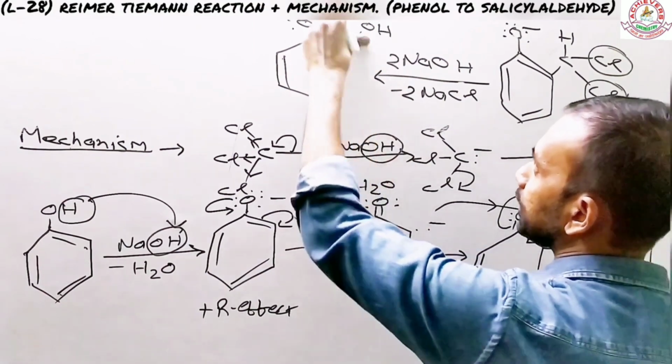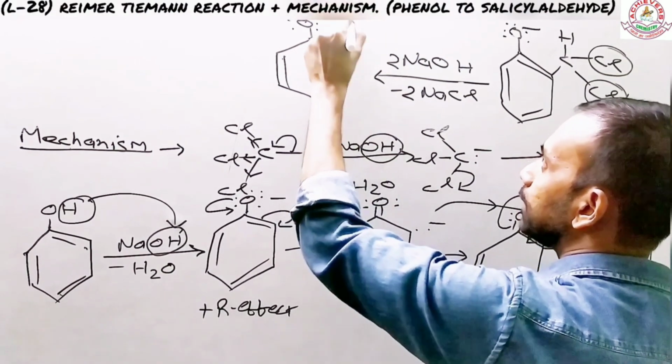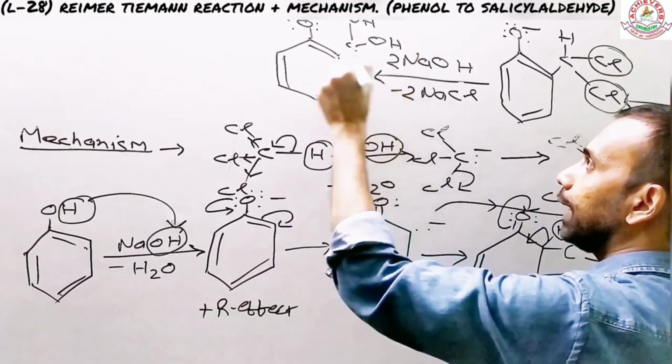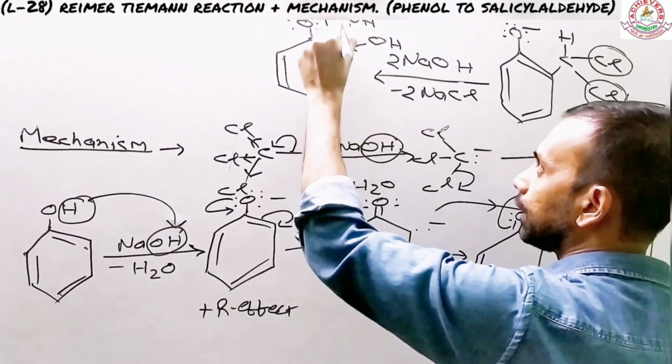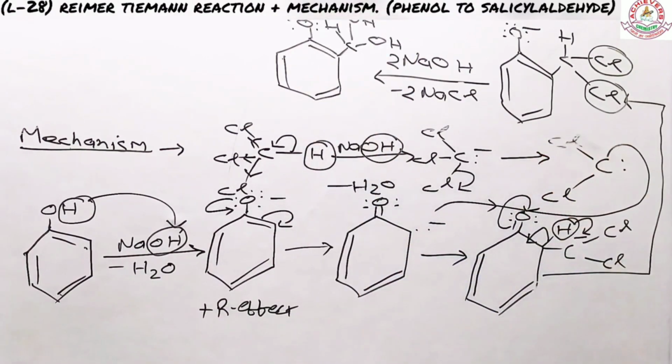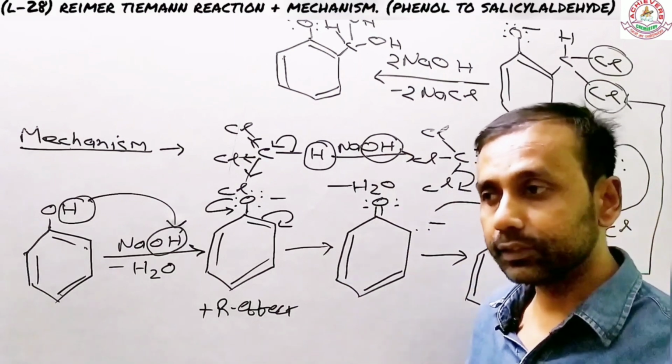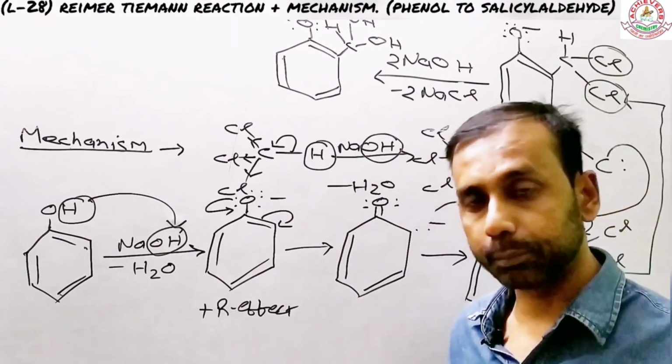I hope it's not messing up. This carbon has 2 OH and a hydrogen also. So finally the question is, what will happen? You do know that 2 hydroxide groups are not stable on the same carbon.